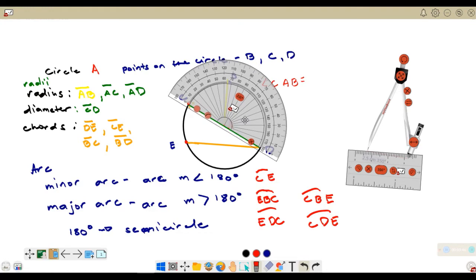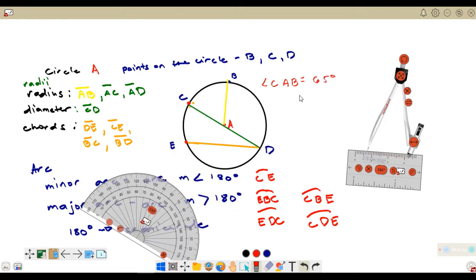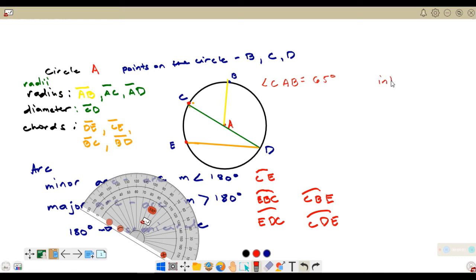Plot natin siya dito. Ayan. So, 65. Ngayon, ang ating intercepted arc, baba ko muna itong mga to. Hindi naman sila kailangan. Ang intercepted arc natin ay si arc BC. Tapos si arc BC ay equal din sa 65 degrees.